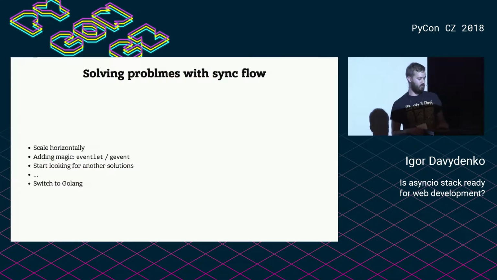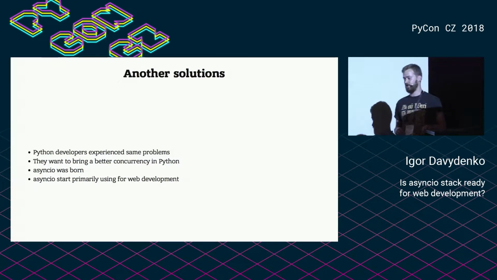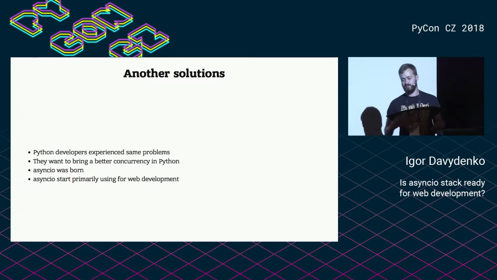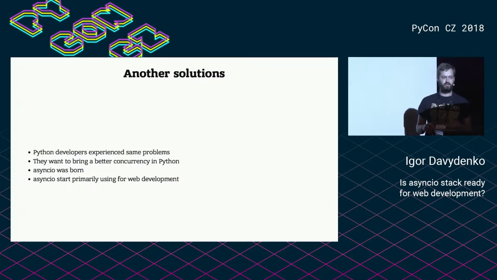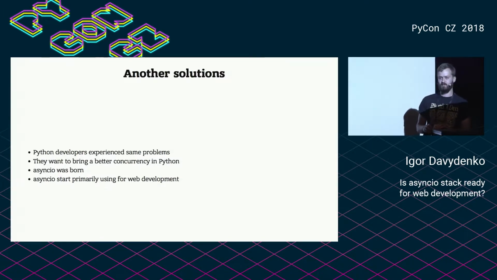Yeah, but what if the problem is not only your problem? What about Python developers also thinking about the problem? Python developers also understand that concurrent programming in Python is not ideal, and there are possible solutions to that problem. So they wanted to bring better concurrency to Python, and in 3.4, I think, that was merged into the Python standard library.